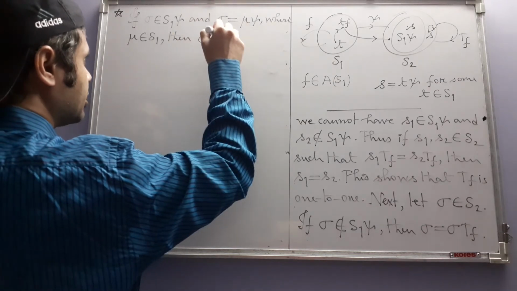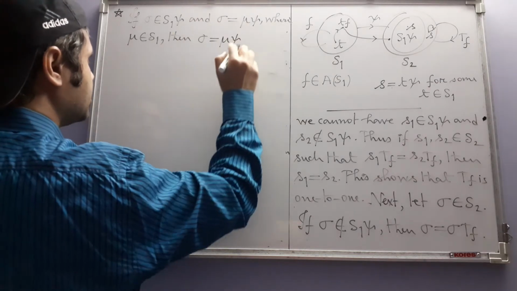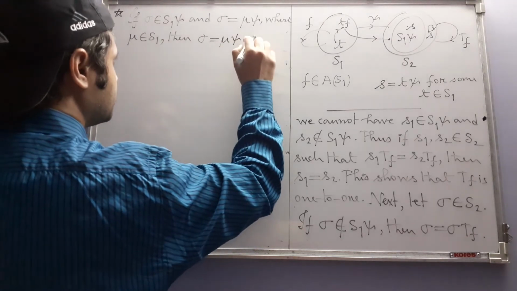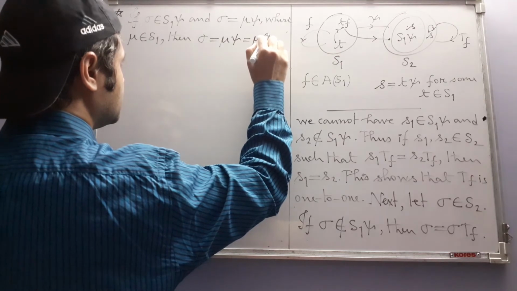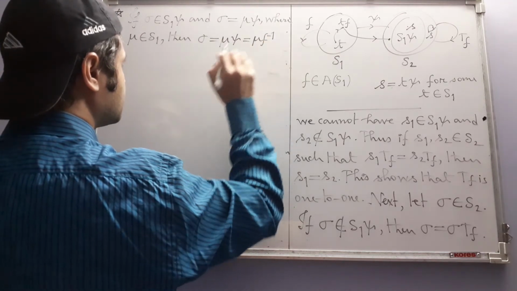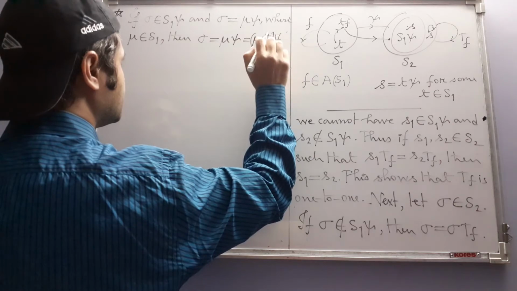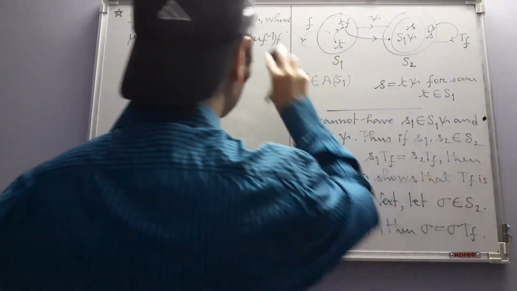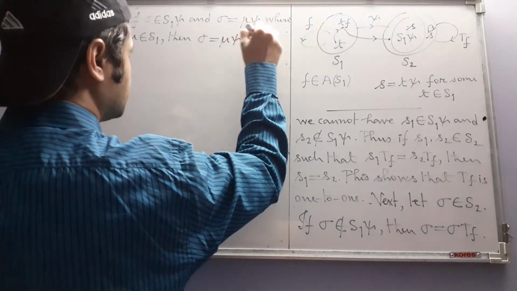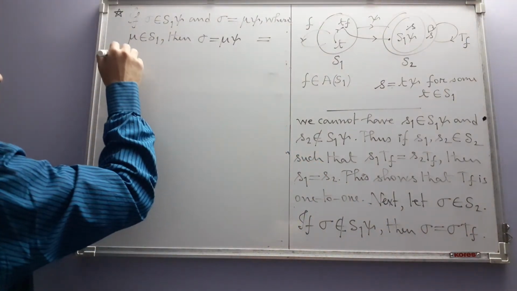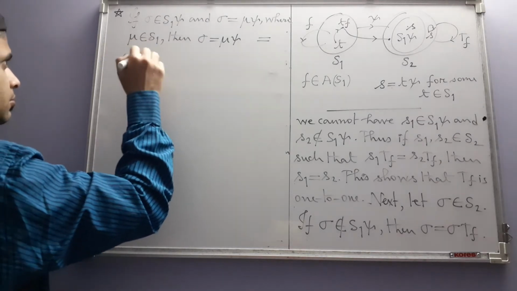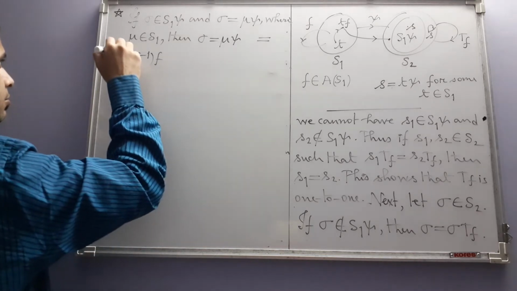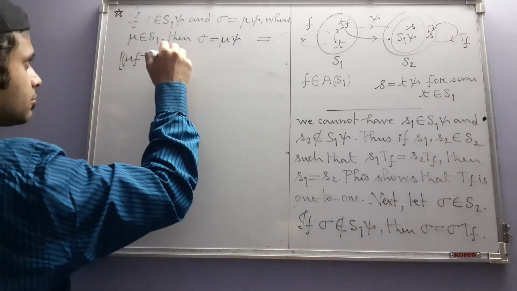Sigma can be written like this. Sigma is mu psi. Now mu can be written like this: F inverse F, the space is not enough here, this is equal to mu F inverse F psi.